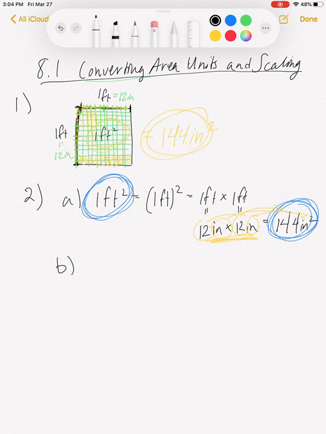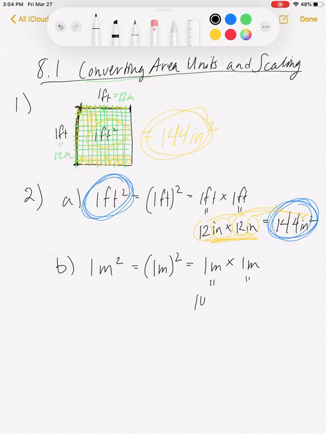So let's go on to part B. We're going to think about 1 meter now. It's going to be 1 meter squared, same as 1 meter quantity squared, which is equal to 1 meter times 1 meter, 1 meter by 1 meter. And we are going to convert this to centimeters. So there are 100 centimeters in a meter.